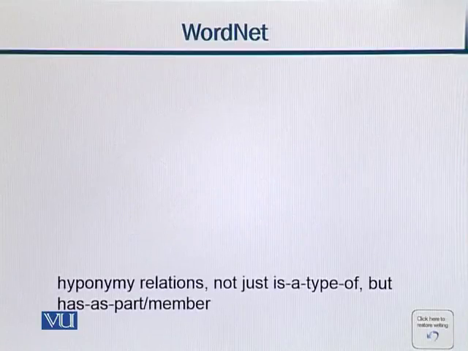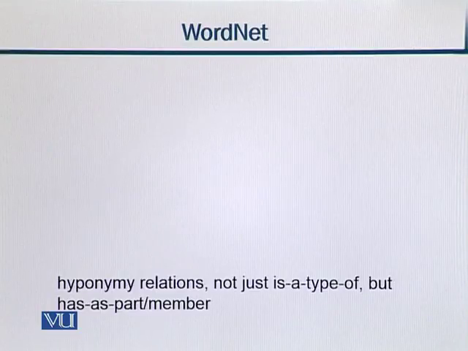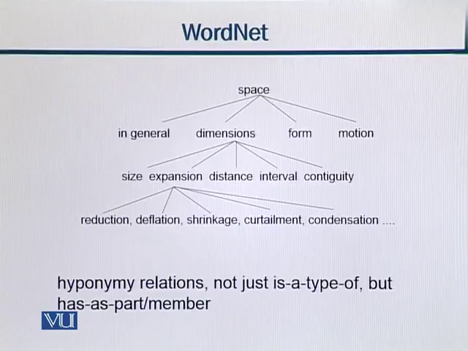In Wordnet we don't just have the synonyms relationship. There is another type of information which is hyponyms. Hyponyms are not just an is-a-type-of relationship, but they also present has-a-part, such as we can say a chair has different parts such as legs, backrest, wheels, etc. And something can be a member of some group, such as we say that humans are members of the mammal class. To show this by example, I have taken space.